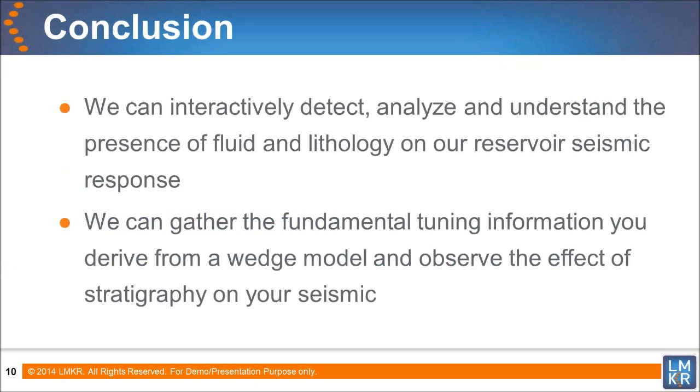I showed you how to do a fluid substitution and how this fluid substitution effect can be seen in your AVO stacks. Then I showed you how to build a seismic cross section, how you can set it up to get your tuning information, and how you can observe the effect of your stratigraphy on your seismic. By doing that channel sand and seeing how the seismic cross section works, it gives me a template to look at my seismic cross section in any of my seismic modules to see, oh, that response looks similar, and you can start building relationships across.